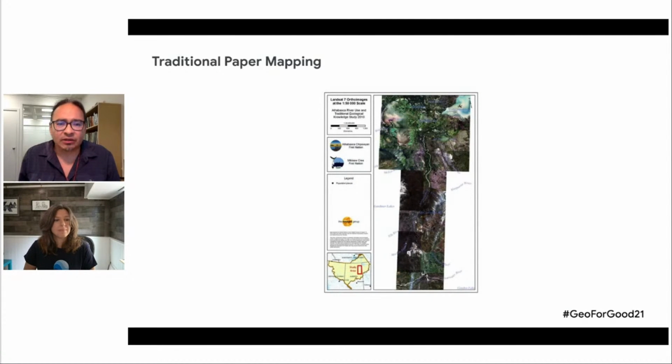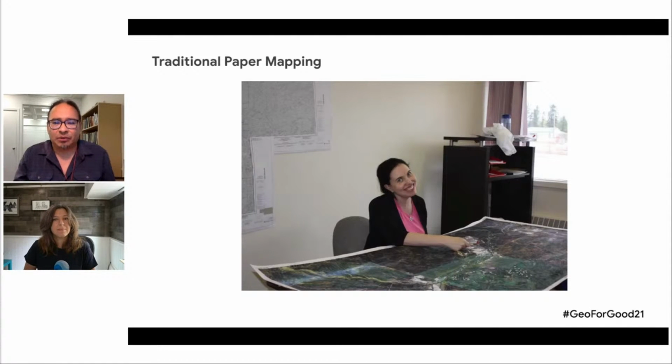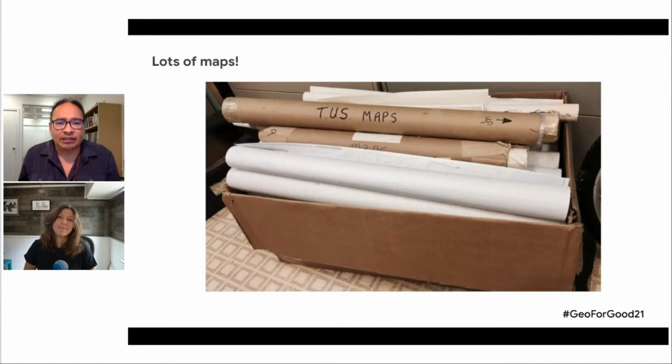Then we would bring those maps into a community and lay them out onto a boardroom table and draw onto those maps or onto Mylar sheets. And we found that the post-processing effort of this exercise generated a lot of output maps, and those maps would be sent to me, and I would have to scan and digitize those maps and put them into a digital format.